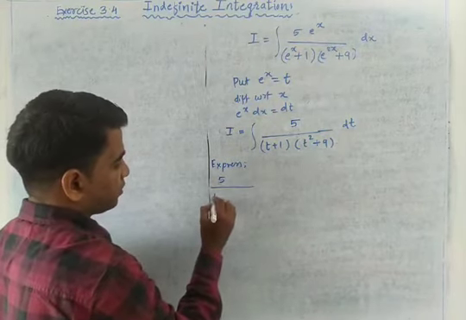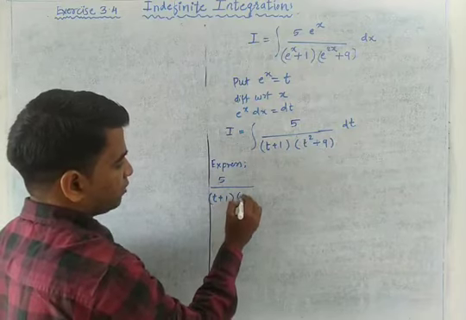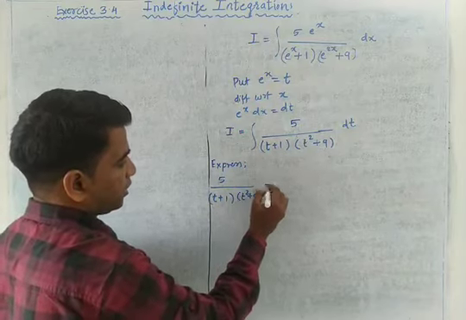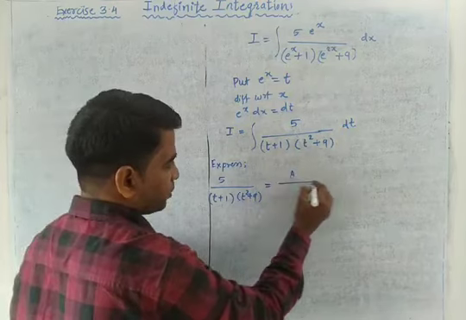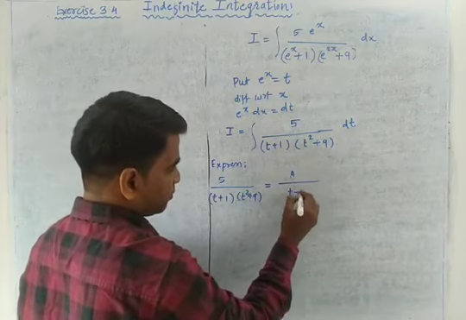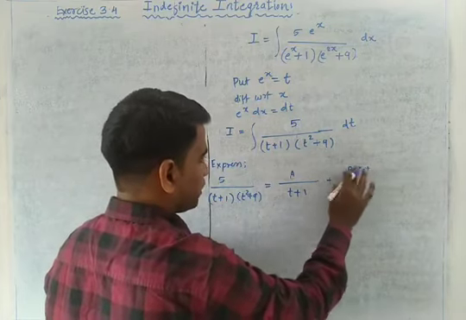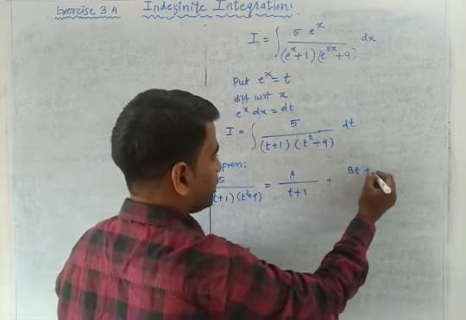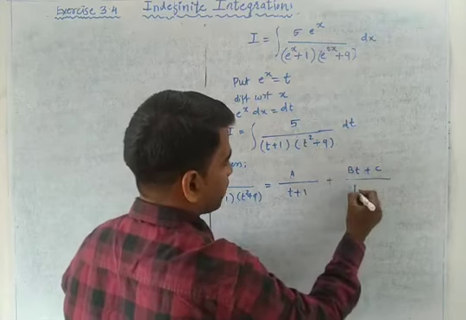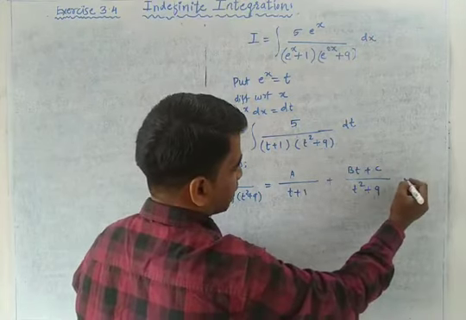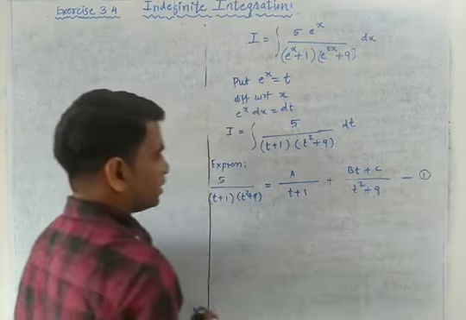5 upon (t plus 1) into (t square plus 9) is equal to a upon the factorable factor, that is t plus 1, plus (bt plus c) upon the non-factorable quadratic equation, that is t square plus 9. Equation number 1.